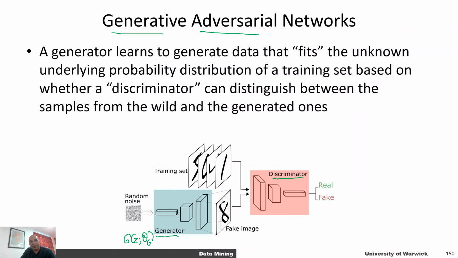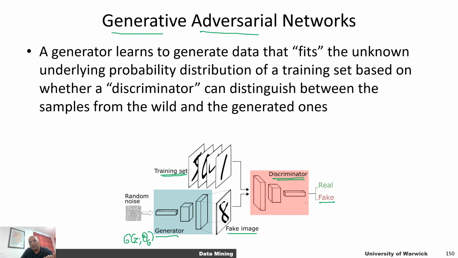The discriminator is pretty interesting. It uses the training set of images that we have from MNIST and the image that has been generated, and it tries to classify whether an image has been generated, in which case we call it a fake image, or whether it is a real image.